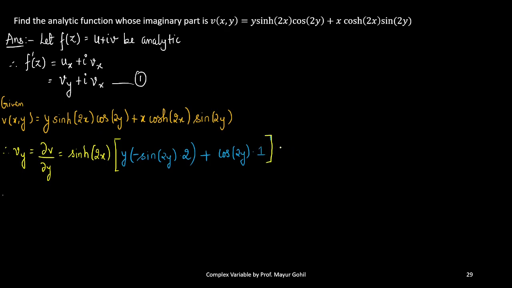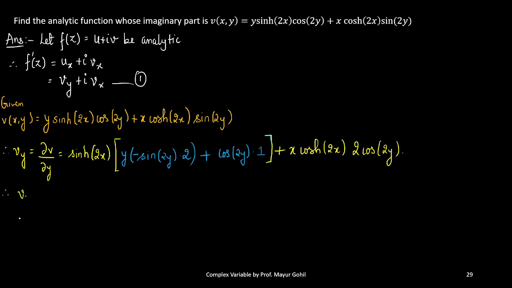Now for the derivative of the second part, x cosh x is going to remain constant. Derivative of sin 2y with respect to y is going to be 2 cos 2y. That's the answer there.